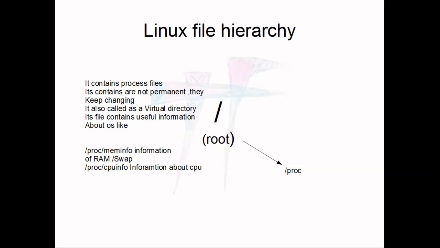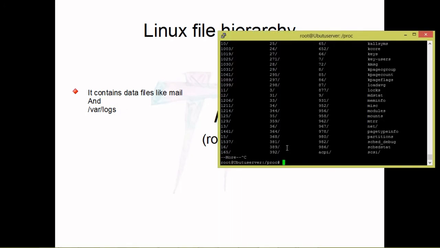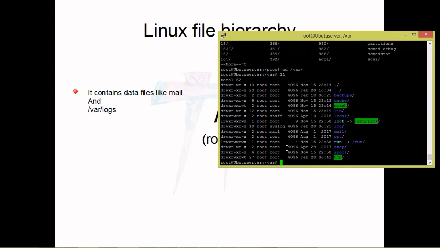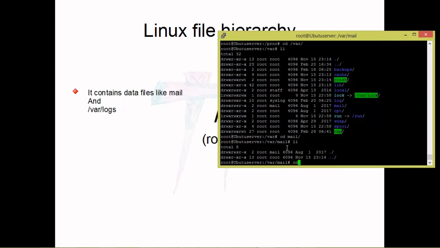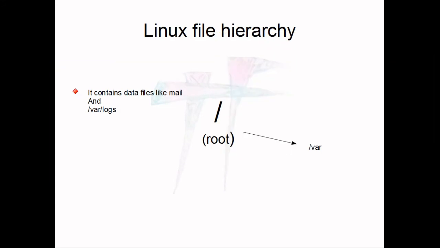So we are moving to next, var, where it contains all log files like mail. So we can see this one also, cd var, ll, it contains all the log files. I don't have any log for mail, so we'll move to next.